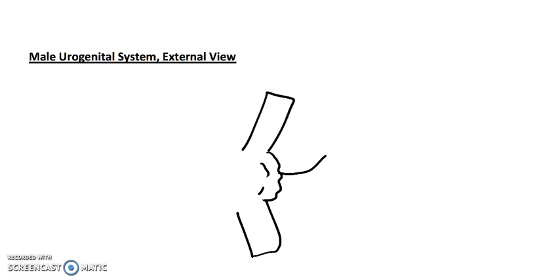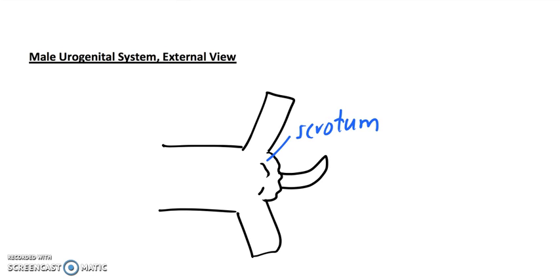Okay, now for an external view of the pig, we have its legs like so. You have the scrotal sac, which females don't have. So here's our first clue that tells us that it's not a female. You have its trunk, its body cavity.